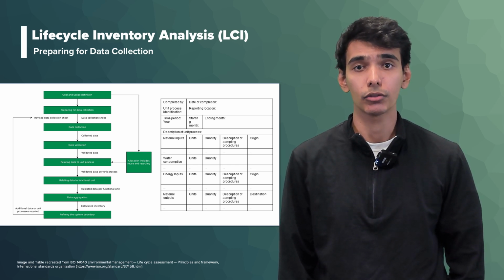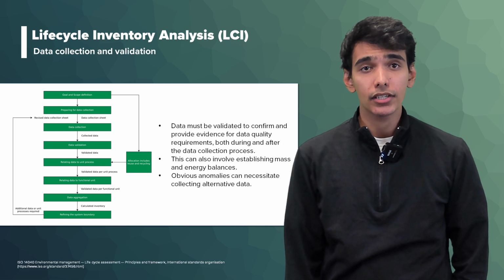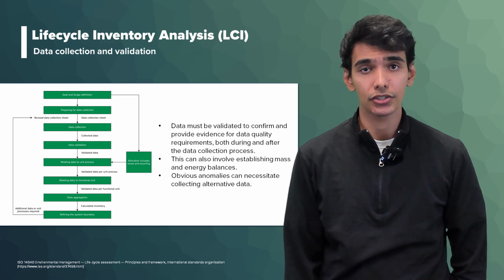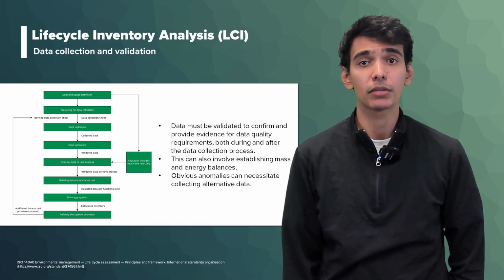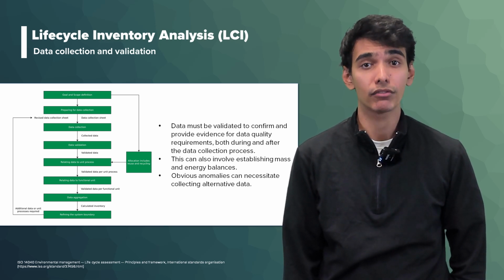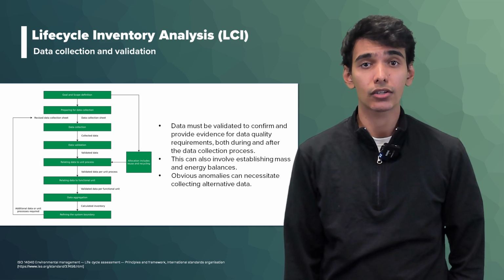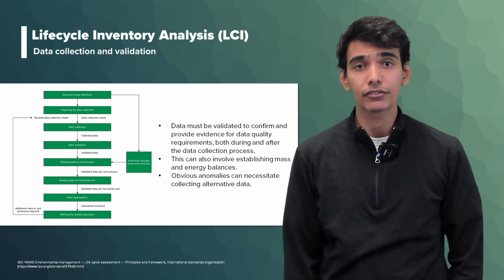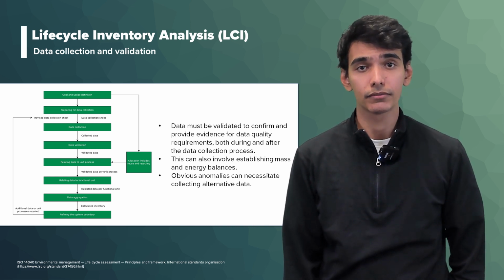The next important stage, once you have done your data collection, is validation. Once you have your data, it must be validated to confirm and provide evidence for the data quality requirements that you defined in the beginning, both during and after the process of data collection.